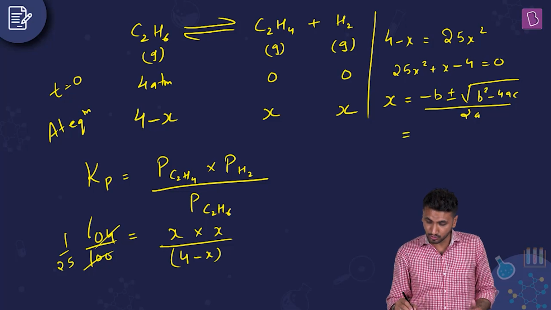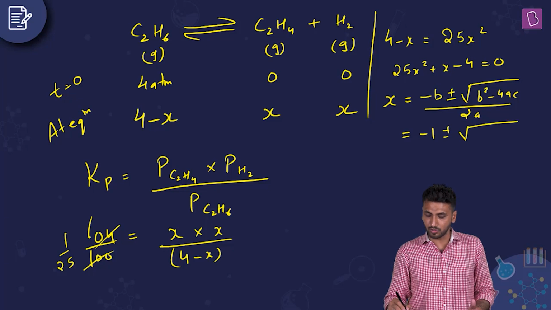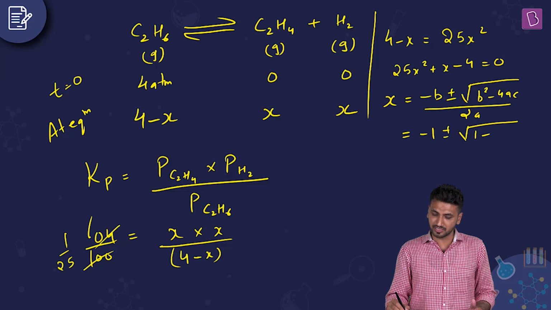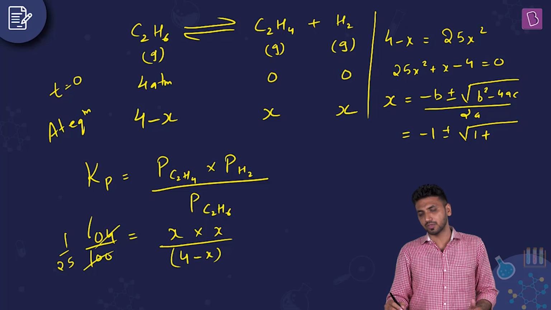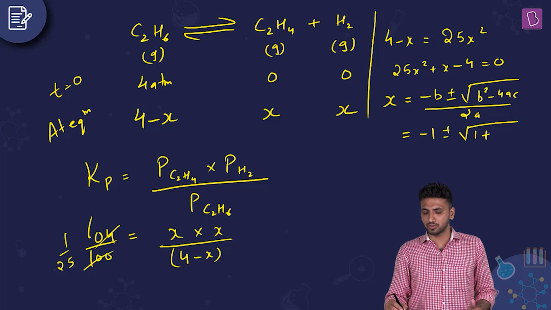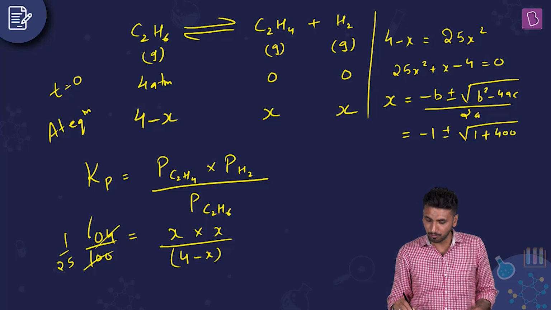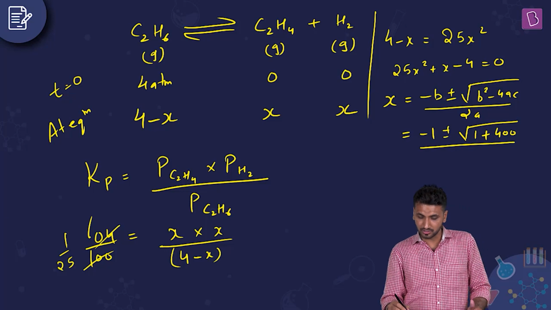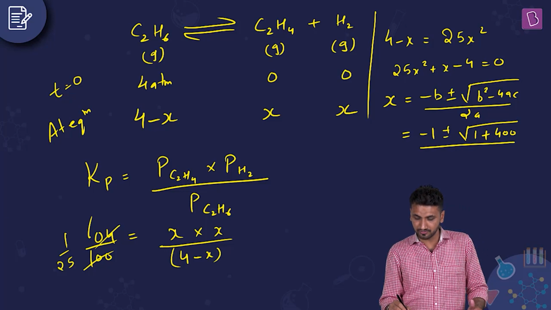So minus 1 plus minus, b square is 1 square, minus 4ac, which is plus 16 into 25, that is 400, upon 2a, 2 into 25, 50.